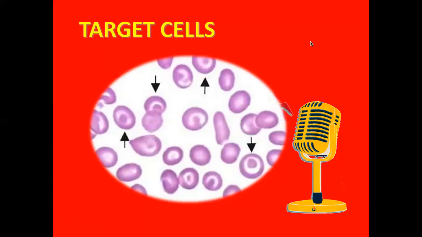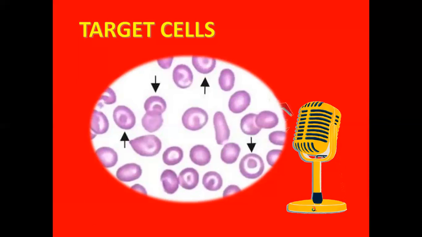And what is the abnormality with these target cells? Morphologically, they have a central area of hemoglobin, as you can see here, surrounded by a colorless ring and a peripheral ring of hemoglobin. And this type of poikilocyte is associated with hemoglobinopathies.